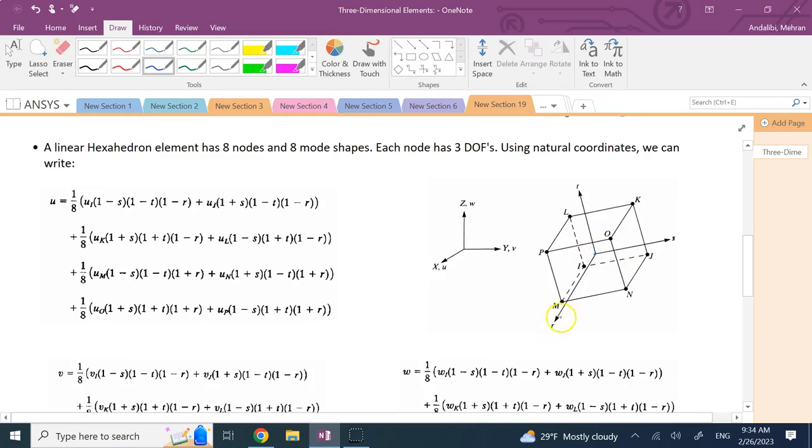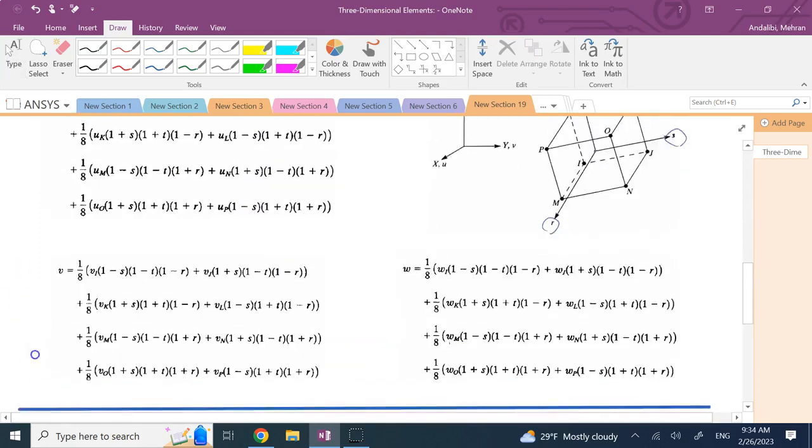Here we are showing it with R, S, and T. Sometimes we show them as xi, lambda, and eta. These are the same thing. Here I'm showing you the mode shapes as well as the nodal values.